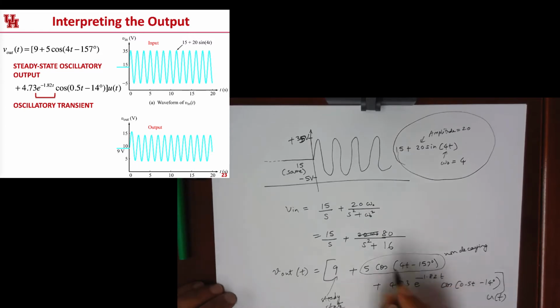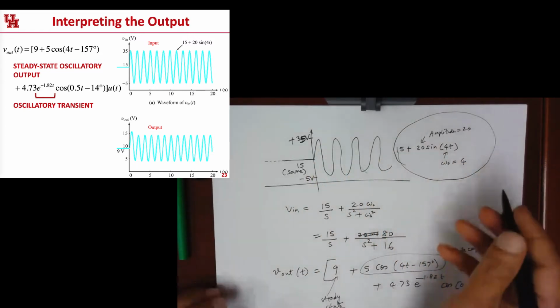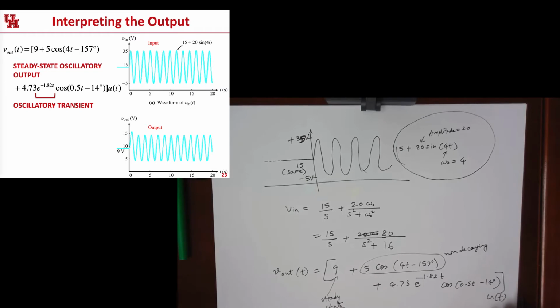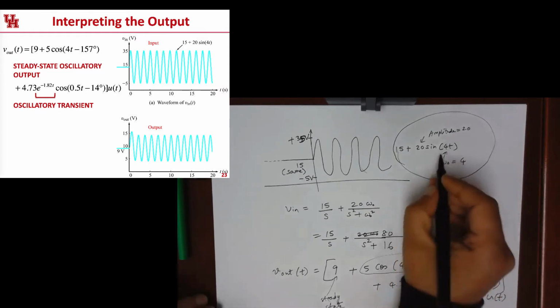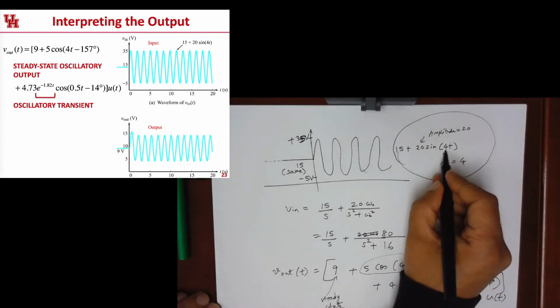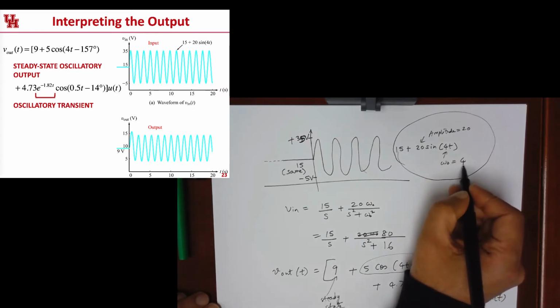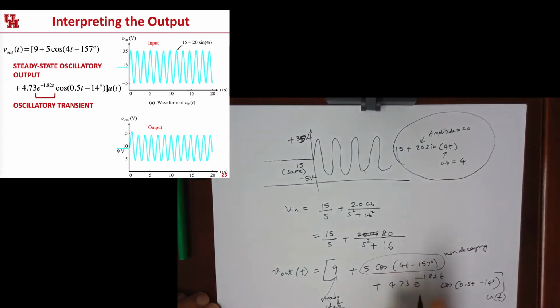So in the steady state, since the input is oscillating forever, the output keeps on oscillating forever. And just because this is an LTI system, we know that a sinusoid at frequency omega naught equal to 4 will produce an output which is also a sinusoid at omega naught equal to 4.